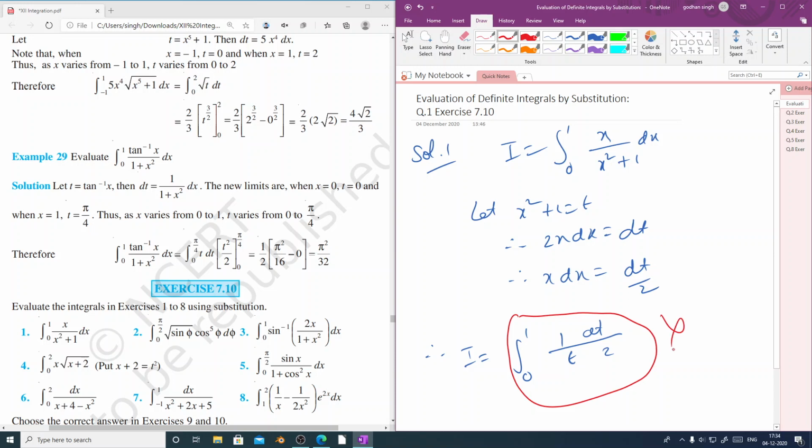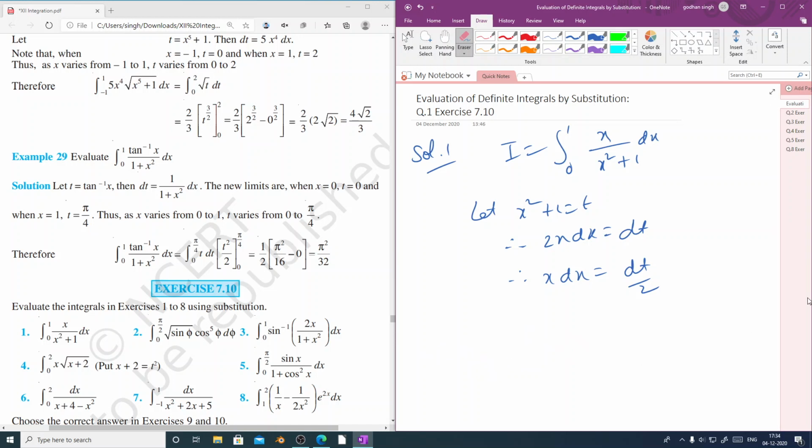So what we'll do, we'll even change the limits also. So let us do that the correct way. The correct way is, before doing the substitution, we'll change the limits also. So let's do that one.